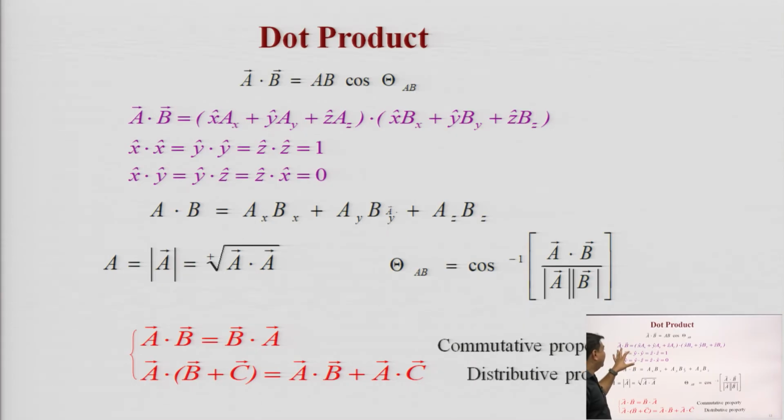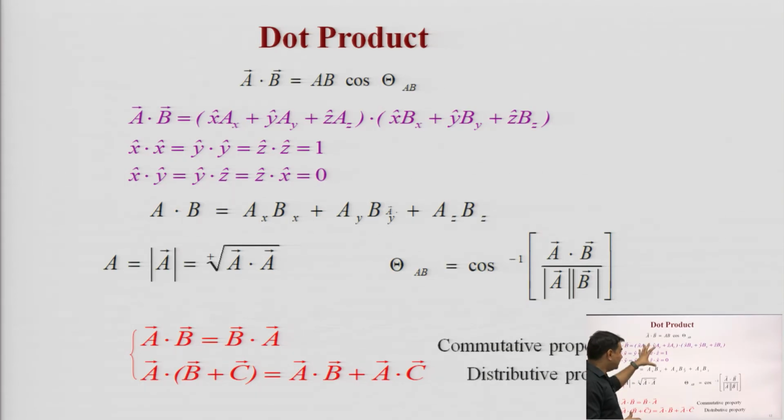A dot B means the multiplication of A with the vector B, where A and B are both defined in terms of the 3-dimensional unit vectors x, y and z, where A is given as x ax plus y ay plus z az, and it is multiplied by this.